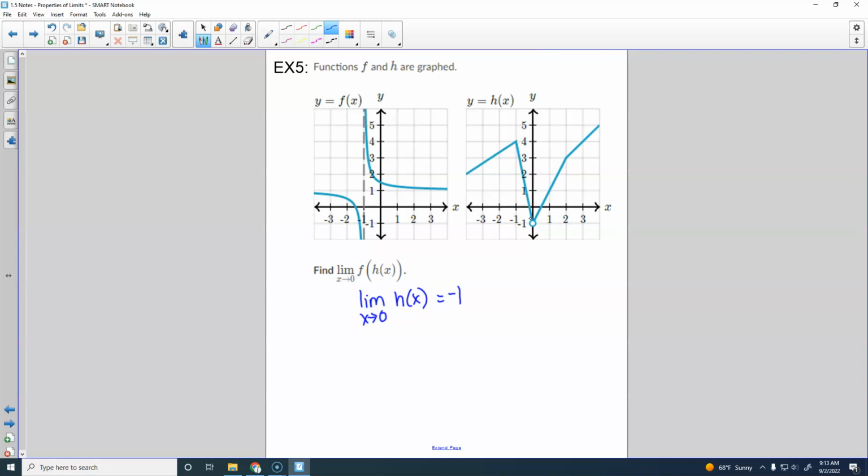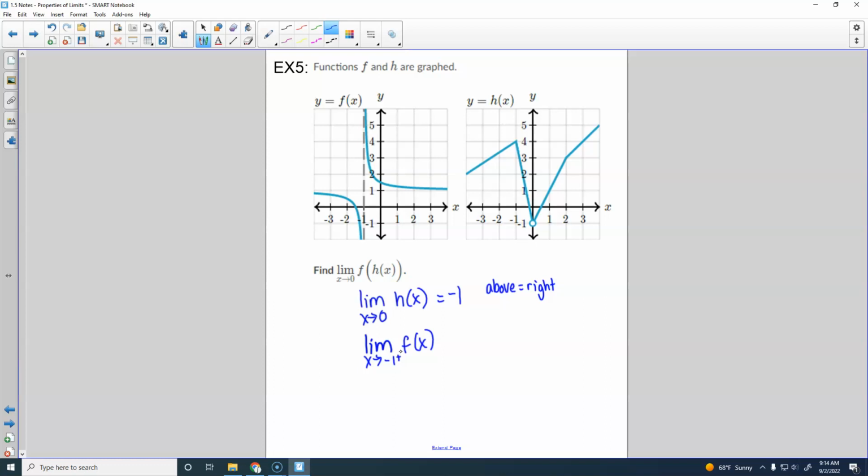So since those values are coming from above, above is going to equal the right, because on the xy axis, our positive numbers are on the right side. So when we go to the next step and do our limit as x approaches -1 of f of x, we want to approach from the right-hand side.